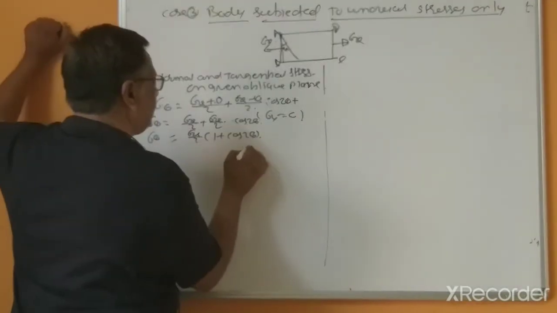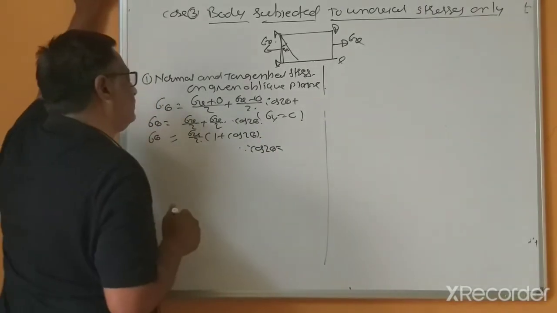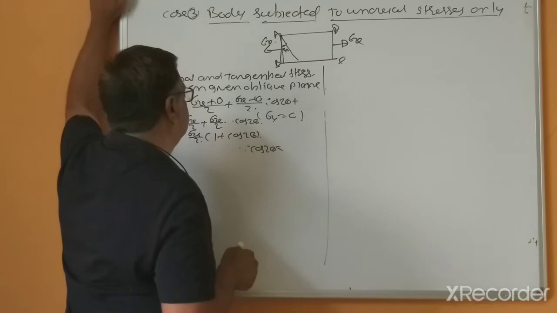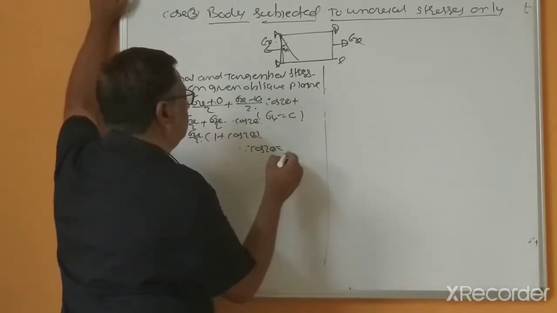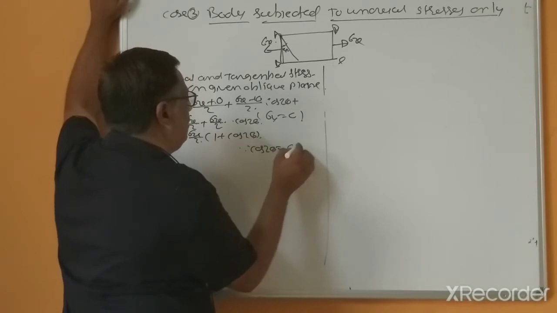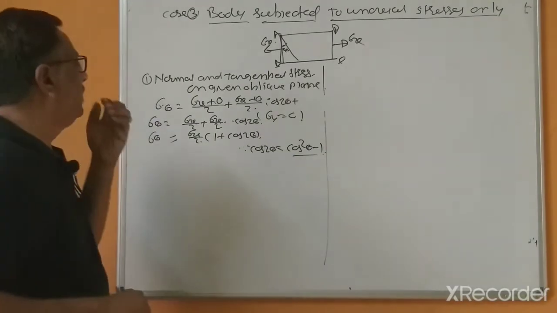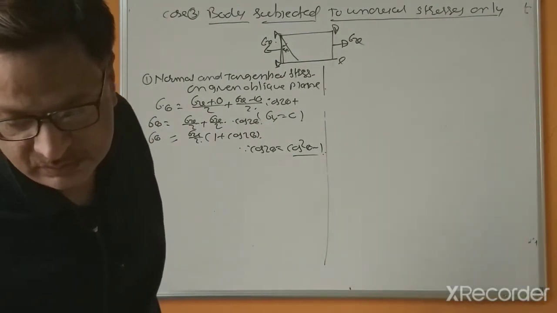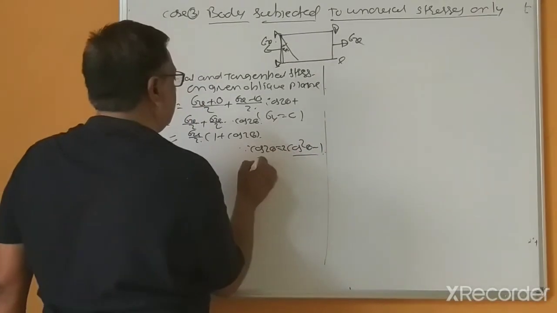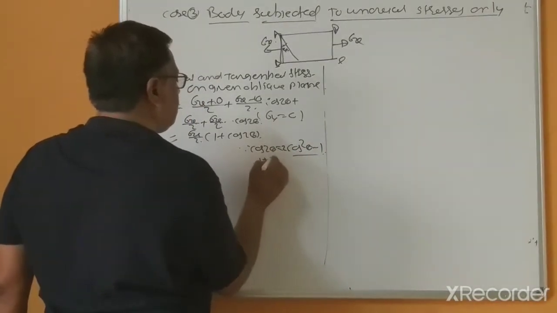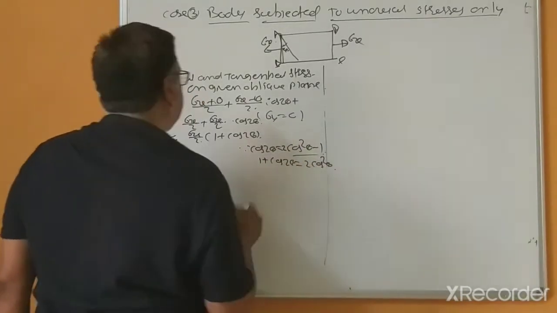Now since cos 2 theta equal to 2 cos square theta minus 1, that's why 1 plus cos 2 theta equal to 2 cos square theta.